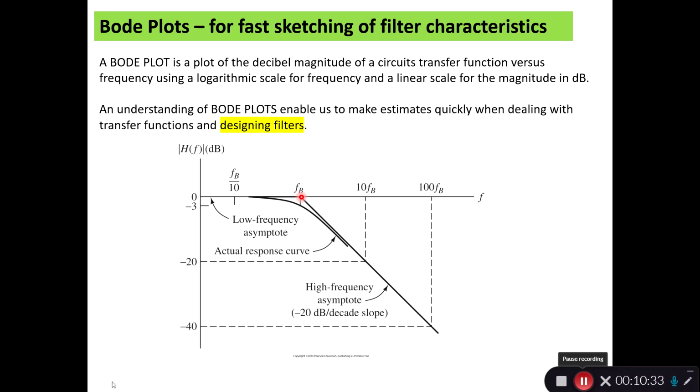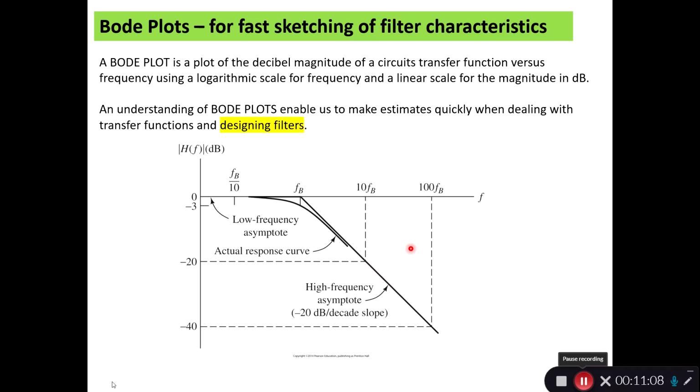And at the break frequency, we know when it's a first order filter, it has its specific characteristic. We normally sketch a filter at its break frequency, and since a first order filter will go down with minus 20 dB 10 times the break frequency, this is then very linear, easy to sketch with a ruler.